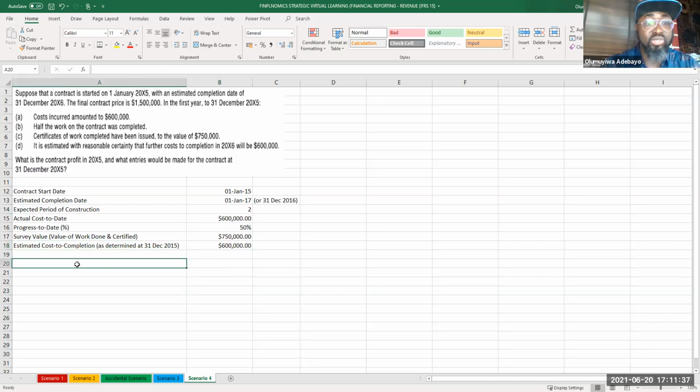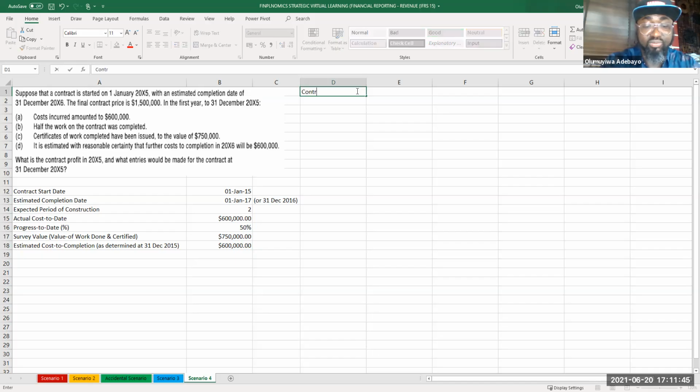Now, the question then is, what is the contract profit? Contract profit, as at 31st December 2015, is a function of the methodology adopted.